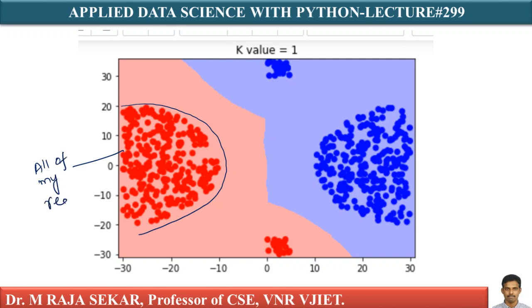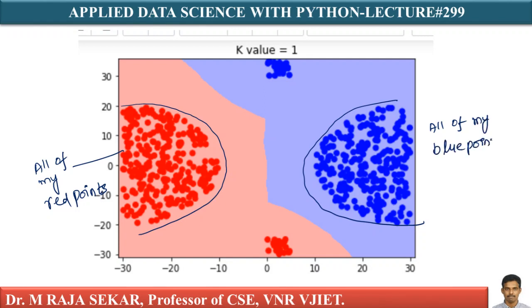In a similar manner, if you observe carefully, this is all of my blue points. But I have a bunch of blue points here, and again a bunch of red points here, isn't it?